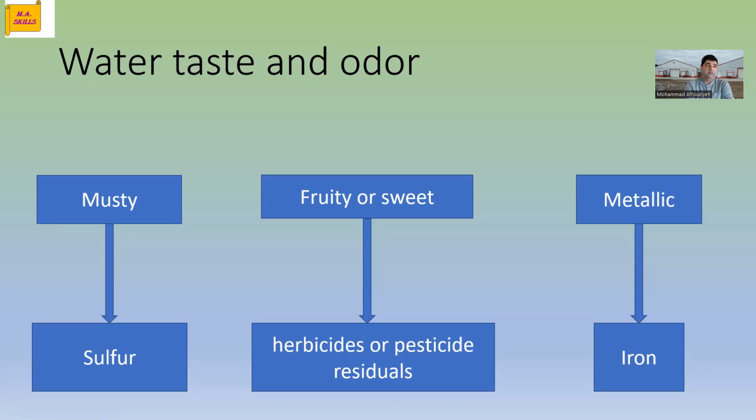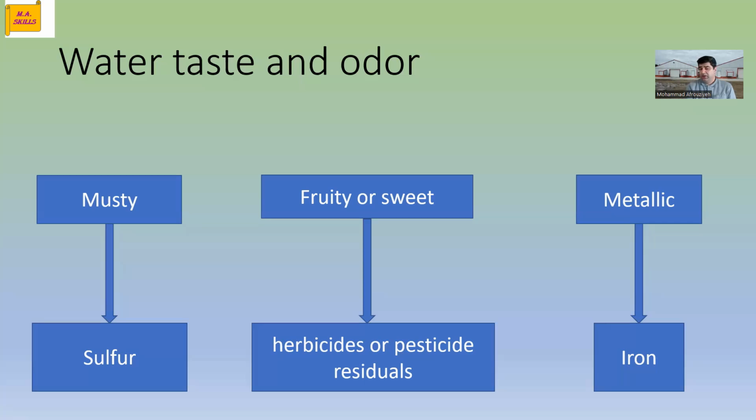And as I talked about before, the solution should be shock chlorination of the well, because if you have hydrogen sulfide producing bacteria, they need sulfur, and they can create a rotten egg smell, and it's going to compromise your birds' health.